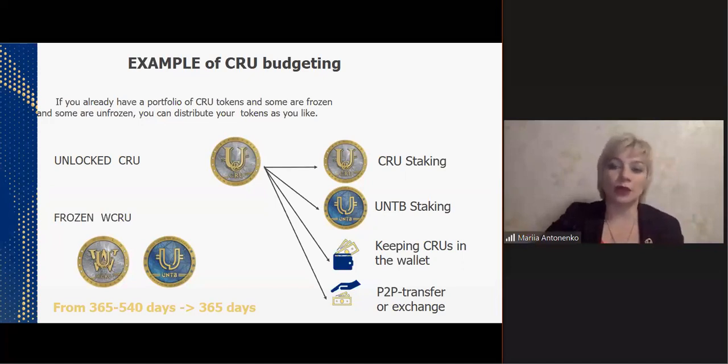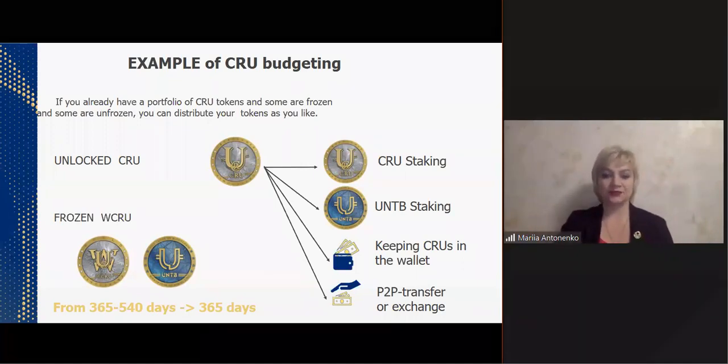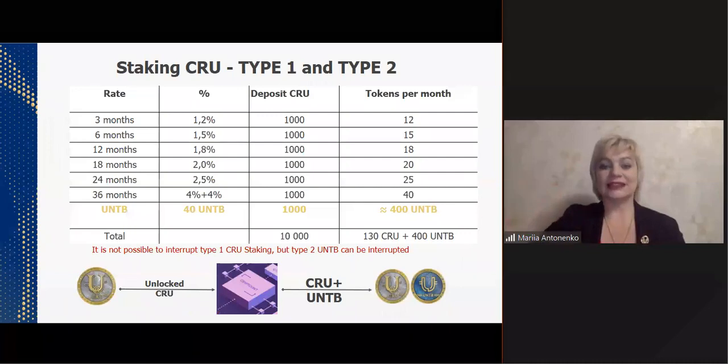And as we know, we have very few unlocked CRUs and quite a lot of locked CRUs. That's why it is so profitable to exchange locked CRUs into World CRUs in order to receive as many UNTBs from staking as possible. Hopefully, this is more or less clear. Repetition is the mother of learning. So, let's move on to the next slide.